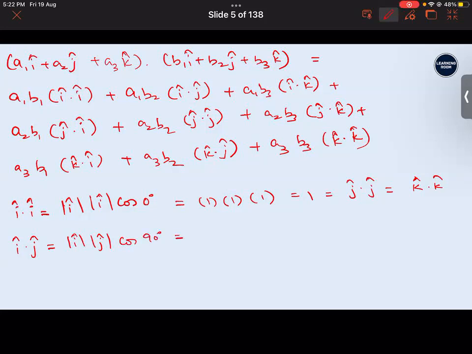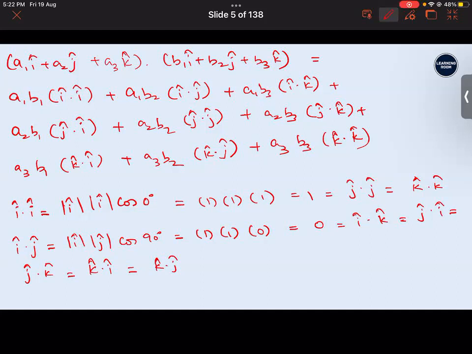So cos 90 is going to be 0, so 1 into 1 into 0. So answer will be 0. So I and j are perpendicular, x-axis and y-axis. Same will be the case between I cap dot k cap, and same will be the case between j cap dot I cap or j cap dot k cap or k cap dot I cap or k cap dot j cap. Am I right?